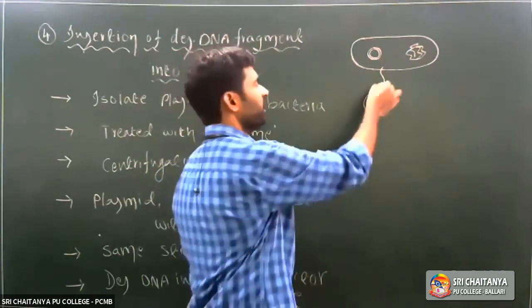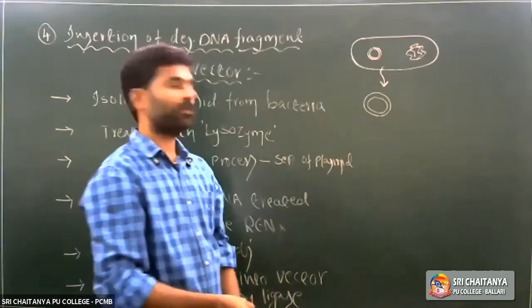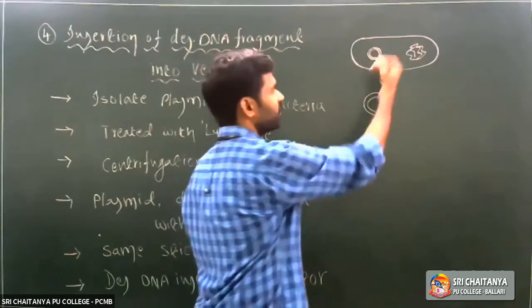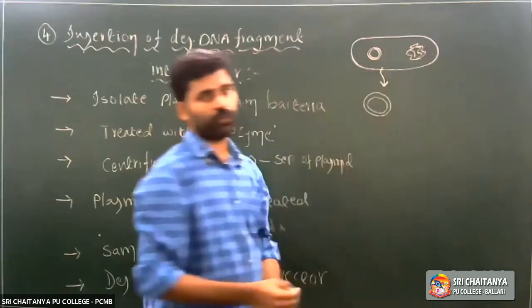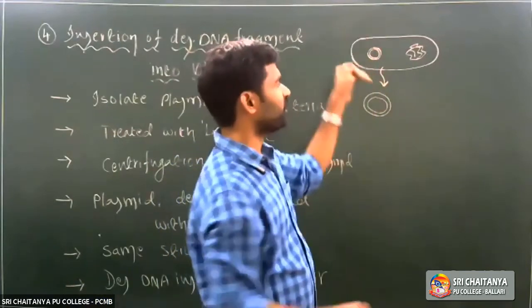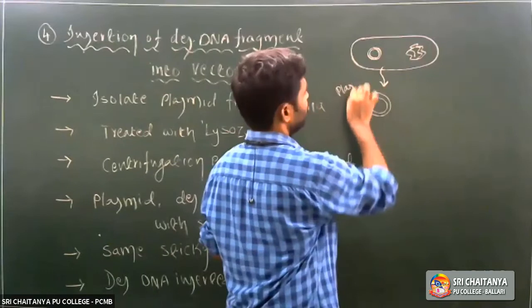Like that, these DNA molecules settle at the base. Among them, we have to select the plasmid and separate it from the nucleoid. So we collected the plasmid from the bacteria.